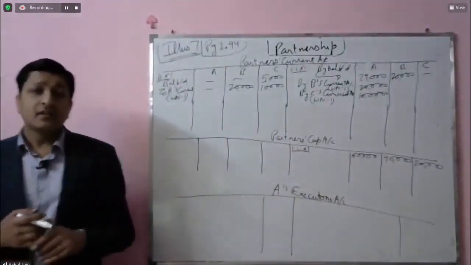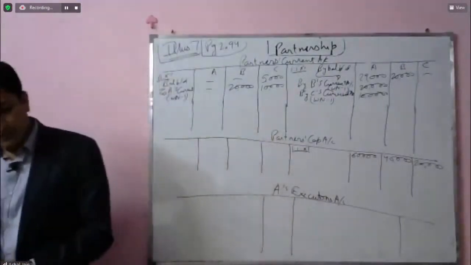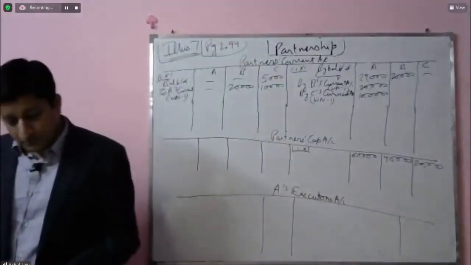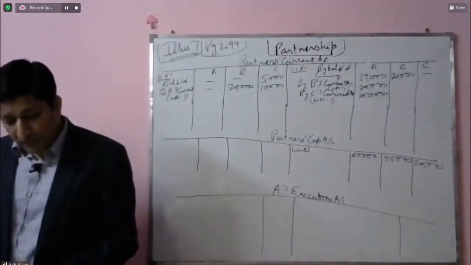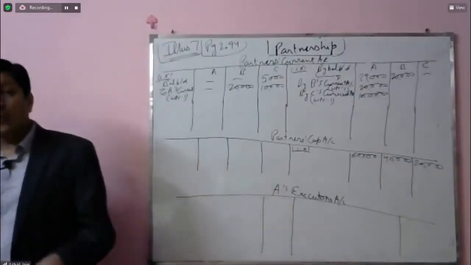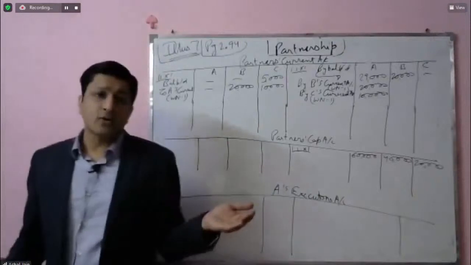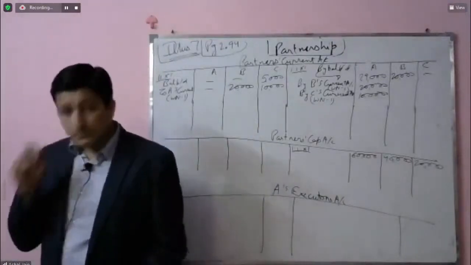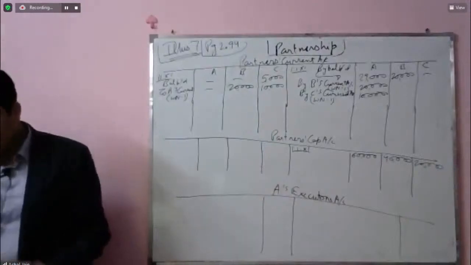And the impact of this revaluation will once again be adjusted in the accounts of whom? B and C, because they will have to settle the account of A with this. Yeah. So in their profit sharing ratio, this will be adjusted.